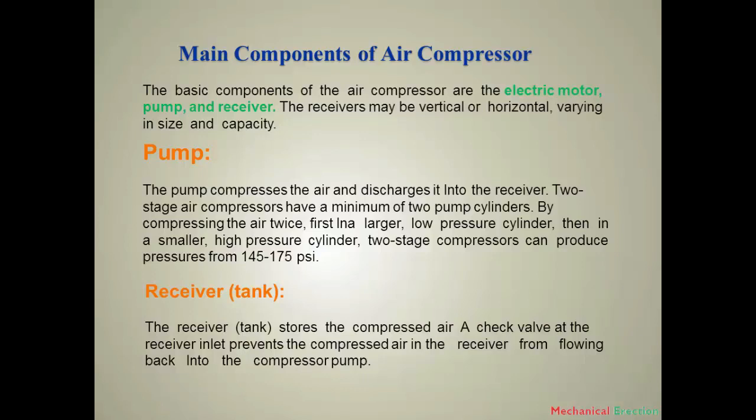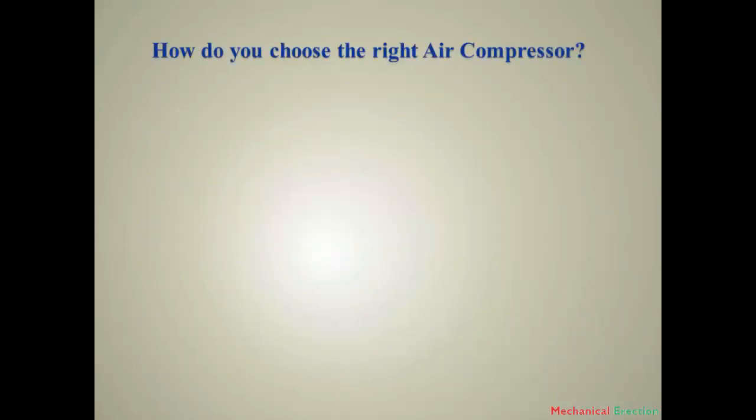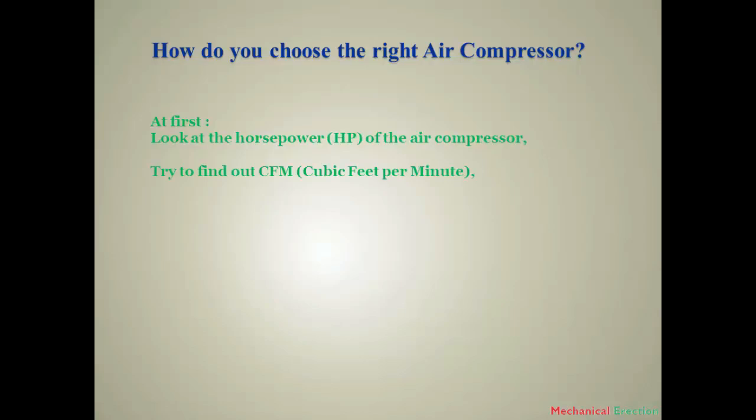Now we will learn how to choose the right compressor. To choose the right compressor, we have to follow five important things. At first, we need to find out the horsepower of the air compressor. We will find it on a plate on the air compressor. Then we need to figure out the CFM. The full meaning of CFM is cubic feet per minute.